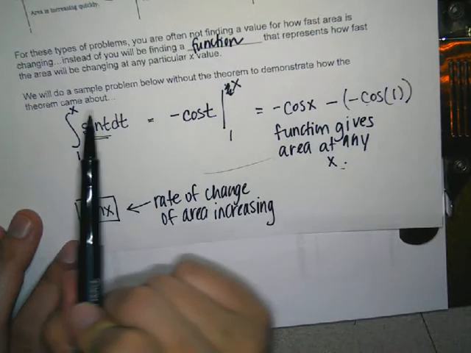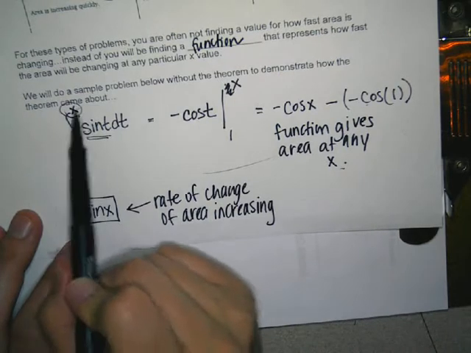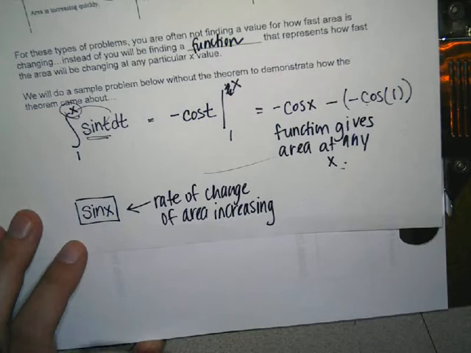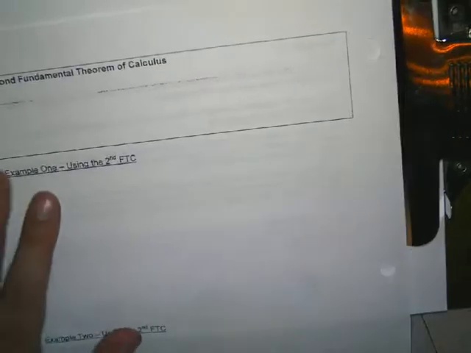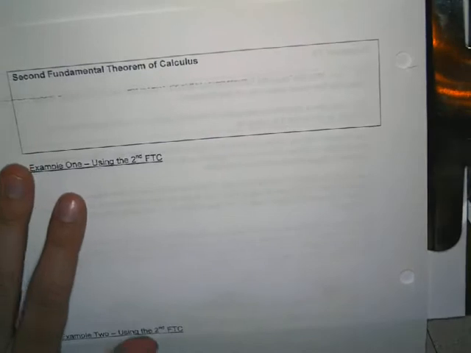And it's going to look like you're taking your upper limit and just plugging it in, which is what happened here. We'll write it out, and then hopefully that'll make more sense when we do some examples.